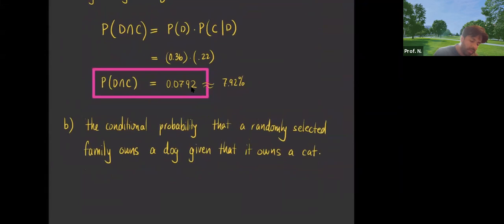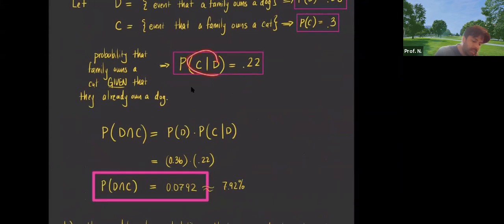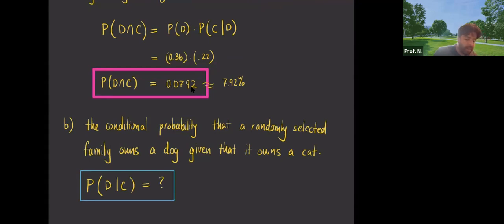So what am I looking for? The probability that we own a dog, right? So it's like the opposite of this. When you switch around the letters, we want the probability that you own a dog given that you already own a cat. So this is what I want to find. Now, how would I proceed with this?